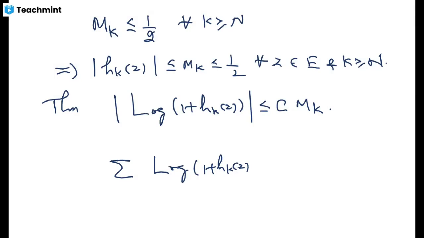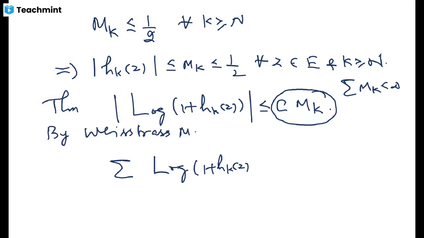Each term in this series is dominated by this number C times M_k, and we know that the series of M_k is convergent, and hence by the Weierstrass M test, it follows that this series, the summation of log of 1 plus h_k(z), is uniformly convergent.